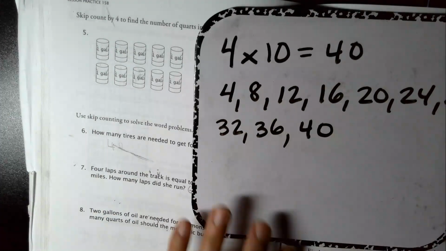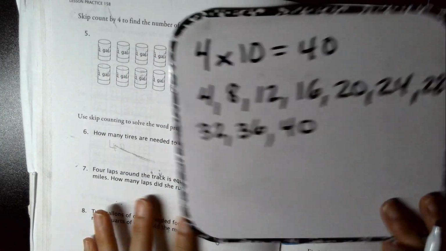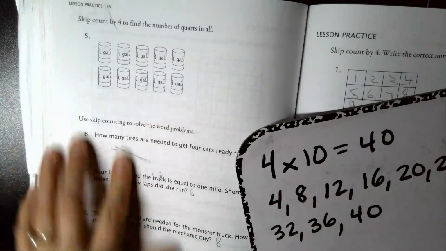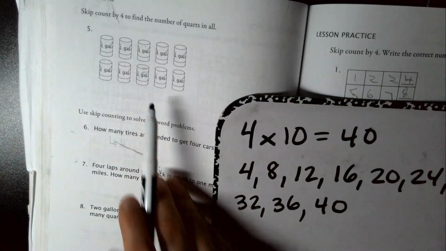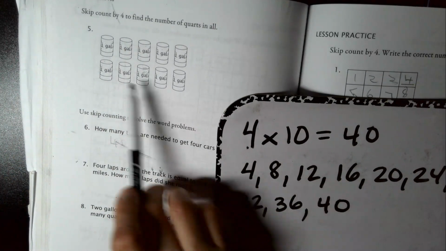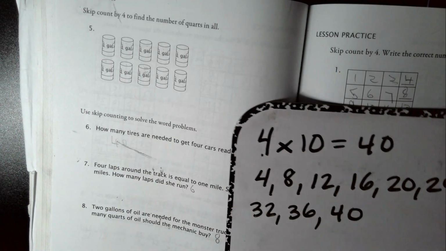There we go. That's more like it. So that's our skip counting that we would do here to figure it out. But you could just count them all too and just multiply by 4. So there's 10 of these gallons. We multiply by 4 and it's 40.